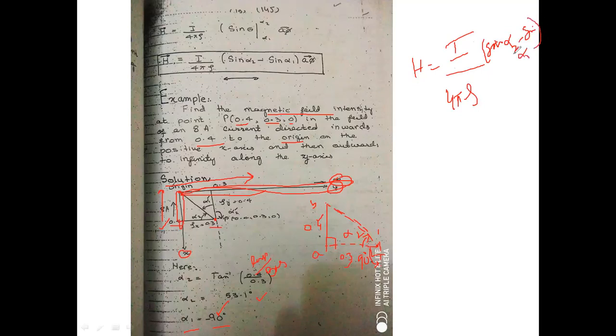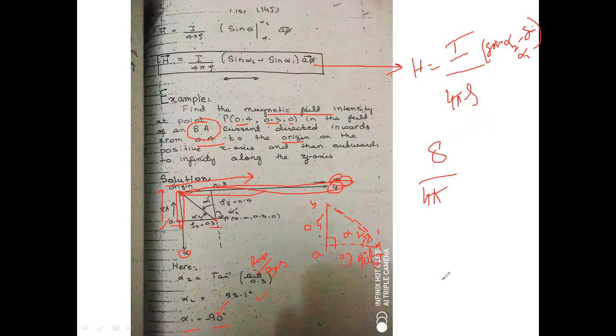This formula we have already derived. So just putting the values, I is given, that is 8 ampere, so 8 over 4 pi.